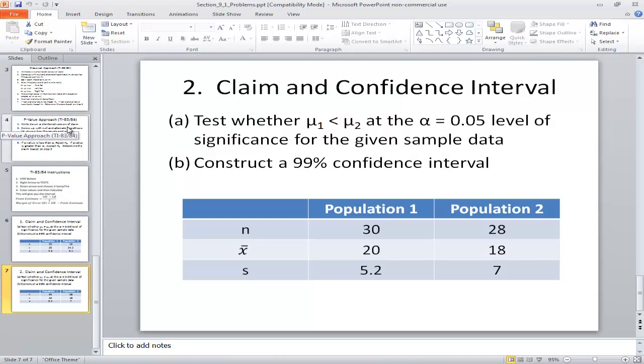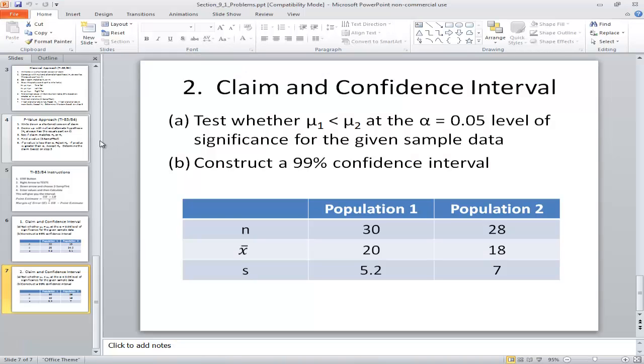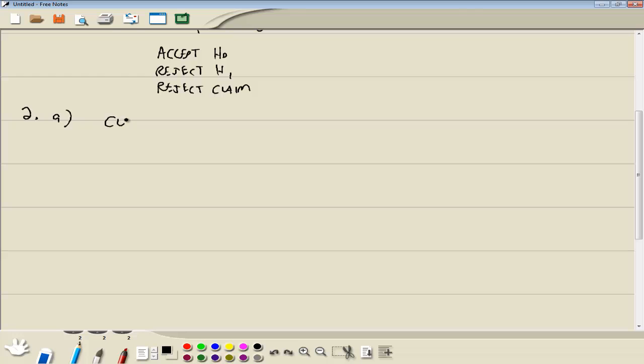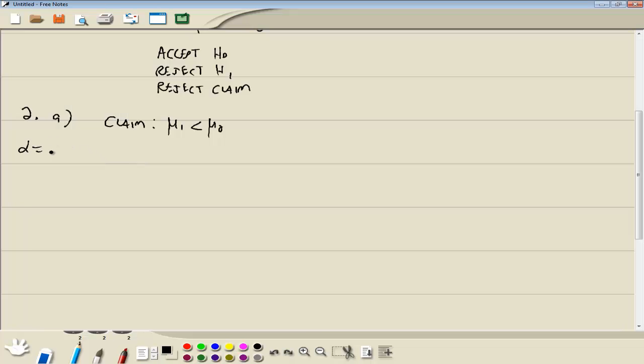Okay, so our second problem here, 2a, says test whether mu sub 1 is less than mu sub 2 at alpha equal to 5%.